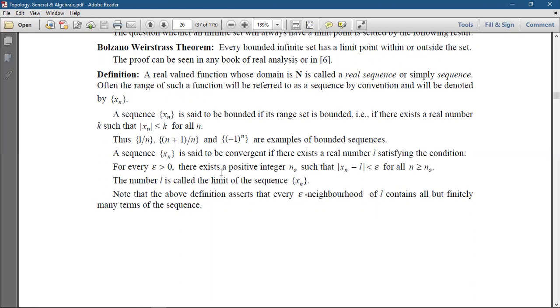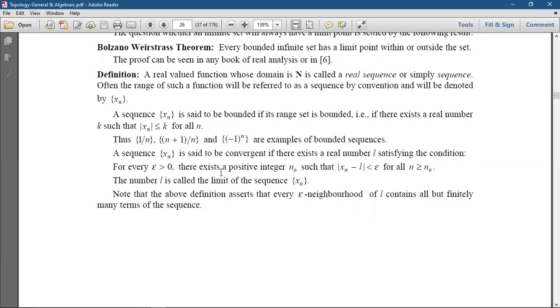A sequence {x_n} is said to be convergent if there exists a real number L satisfying the condition that for every epsilon greater than 0, there exists a positive integer n naught such that |x_n minus L| is less than epsilon for all n greater than or equal to n naught.